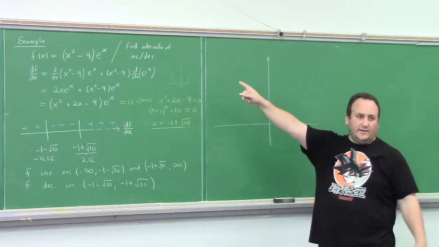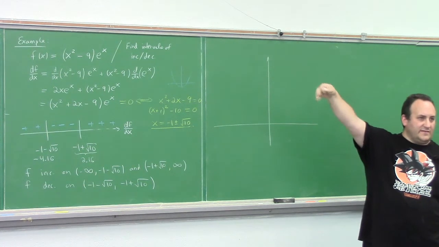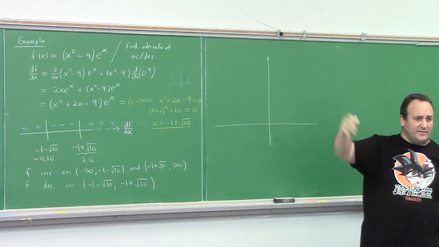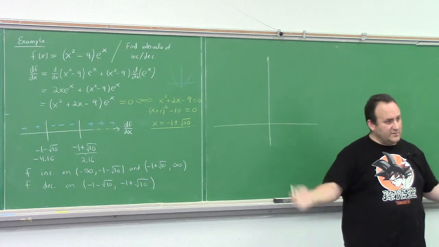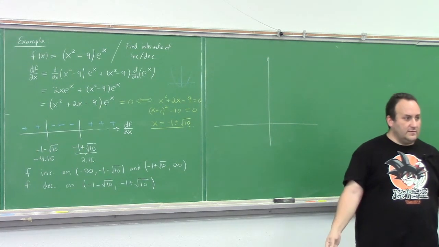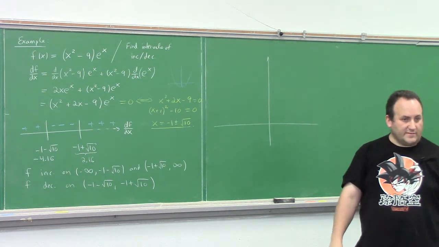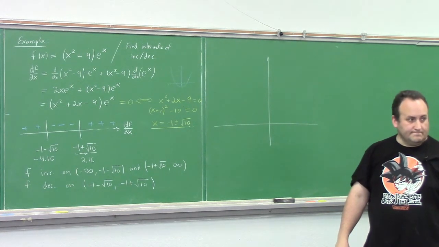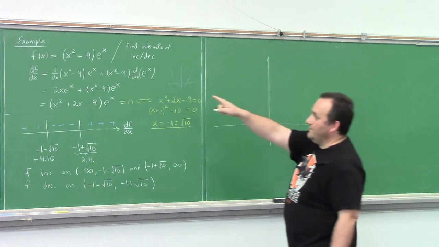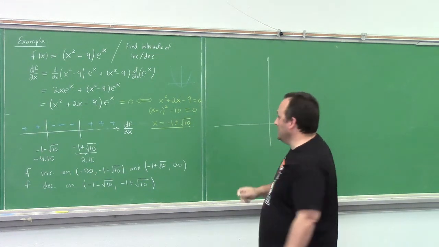I mean, x squared minus 9, think about it, as x goes to infinity, x squared minus 9 gets huge, exponential gets huge. This is going to infinity in both directions. The x-intercepts of this function are plus or minus 3. When you plug in 3, f of 3, f of minus 3 are 0.